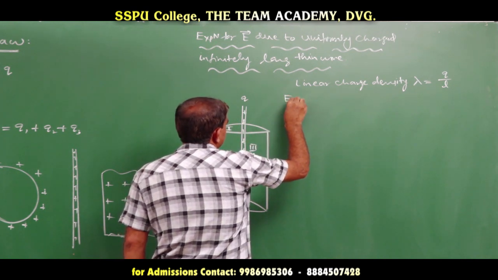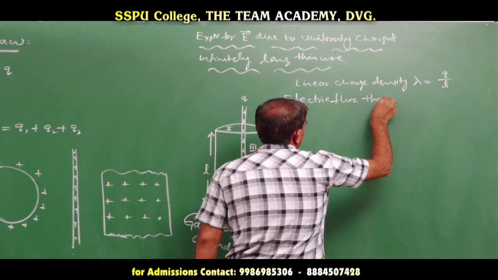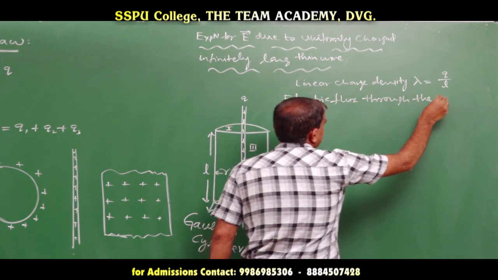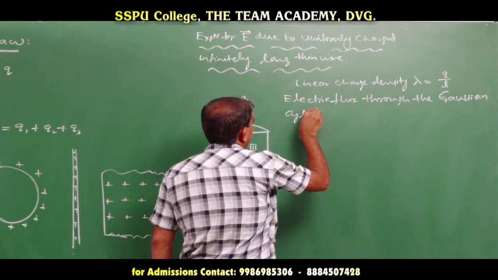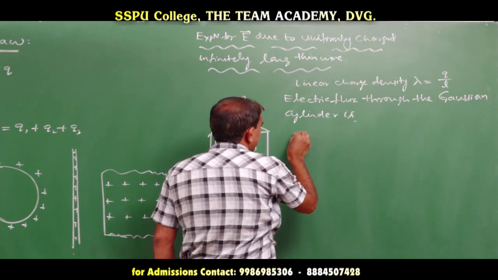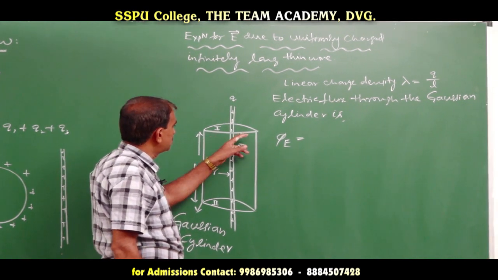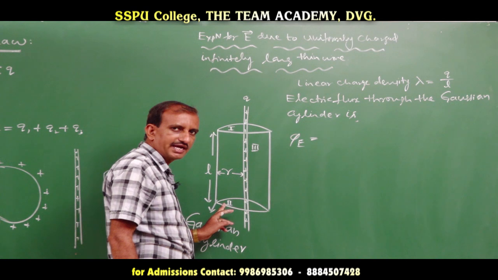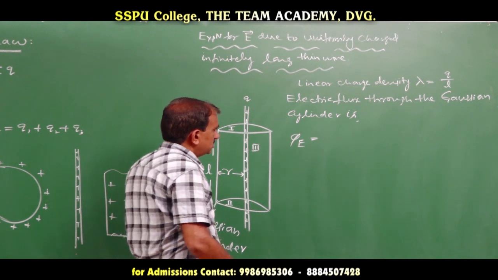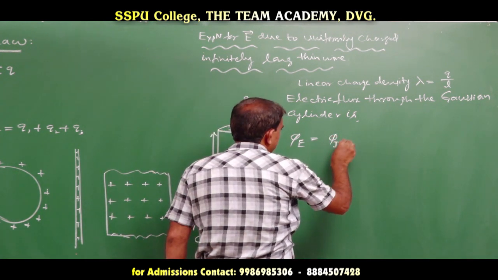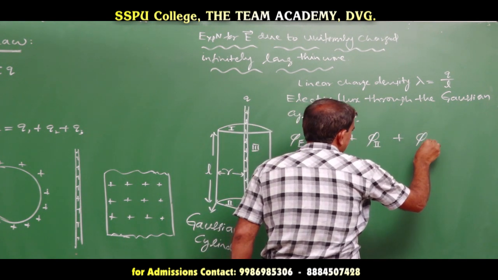The electric flux through the Gaussian cylinder is phi E, which is the sum of the electric flux through end cap 1, the electric flux through end cap 2, and the electric flux through the curved surface 3.